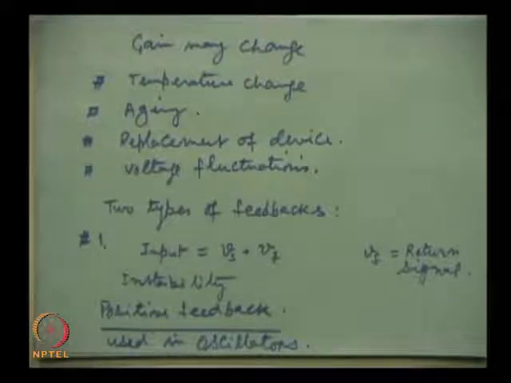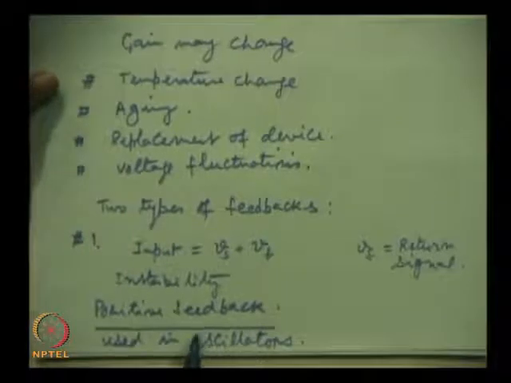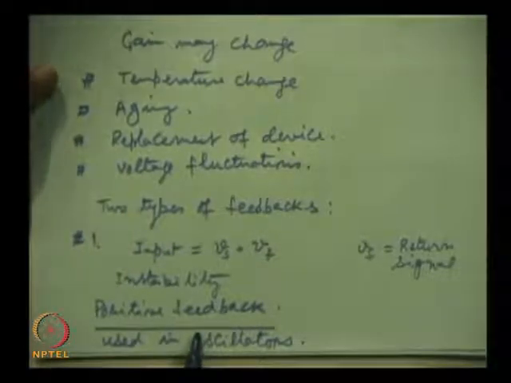We are going to talk about the amplifiers, the basic amplifiers, and how the feedback can modify the properties as we desire in an amplifier. So, positive feedback is to be avoided totally in an amplifier.